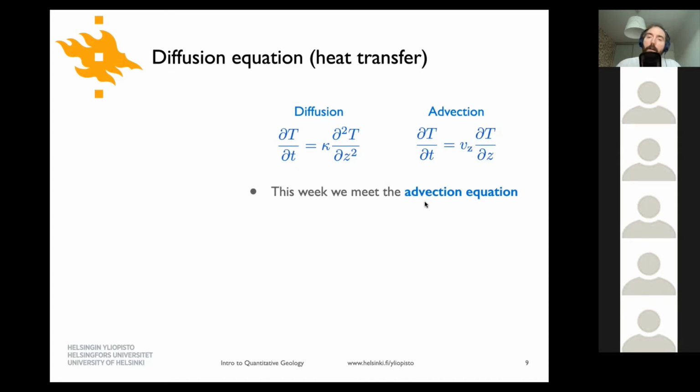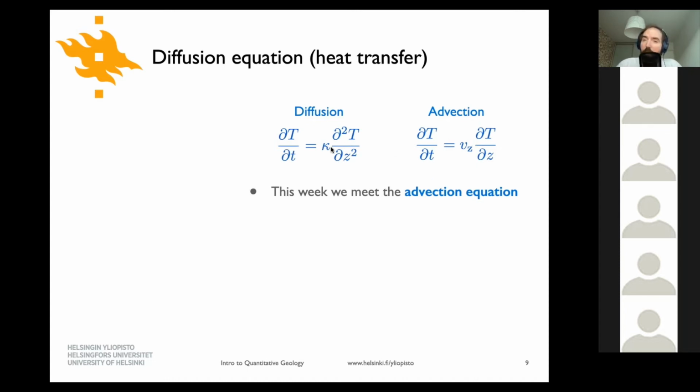So here we are now meeting the advection equation. It looks quite similar in some ways to what we just saw. Here we have a dT term. So this is change in temperature over time, being equal to some v, a velocity term out in front, times the change in temperature over some distance dz.